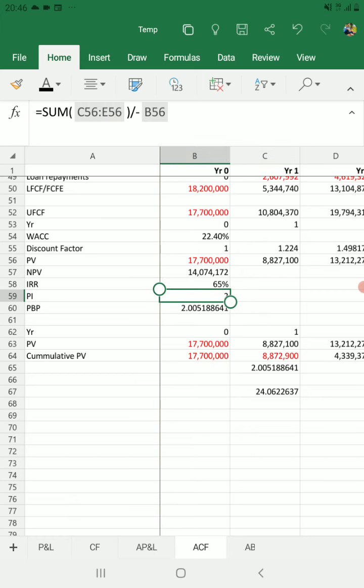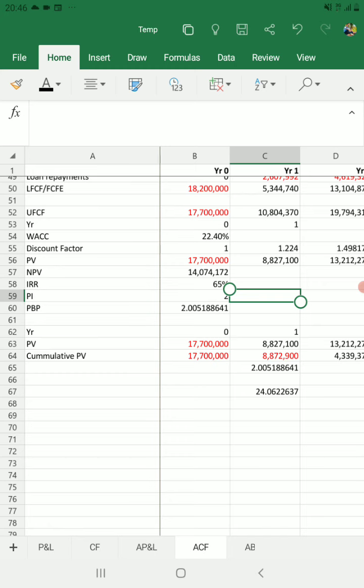If it is 1, that means the business is at break even, which means the expected future cash flow is exactly the same as the initial outlay. No profit, no loss for the business. So any profitability index greater than 1 indicates that the business is profitable, or plausible, or viable for that matter.